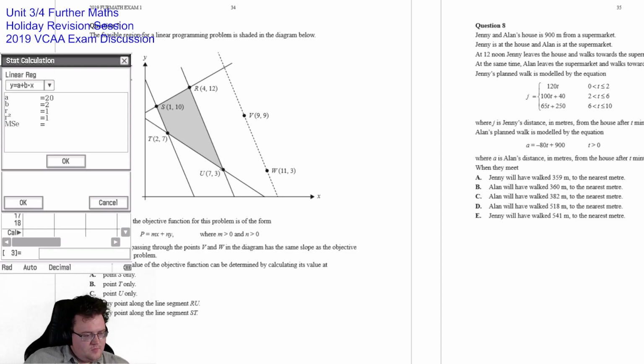Here's what I want you to think about. What's the gradient between here and here? It says the same slope as the objective function for this problem. What about here to here?